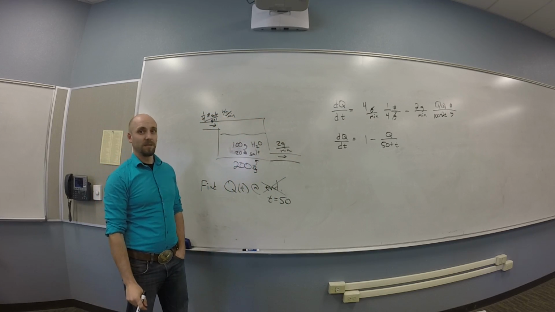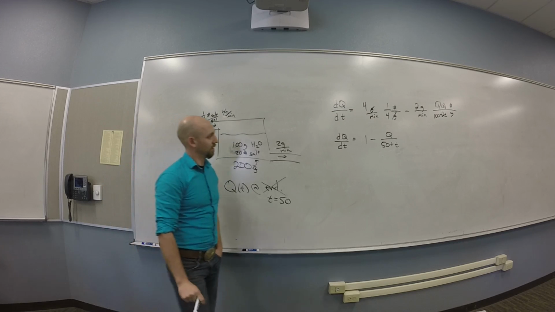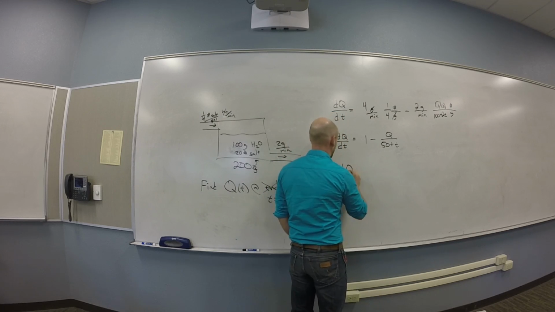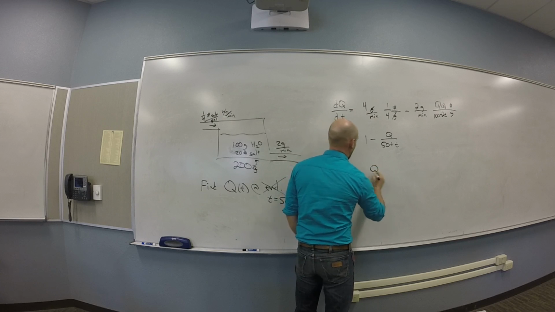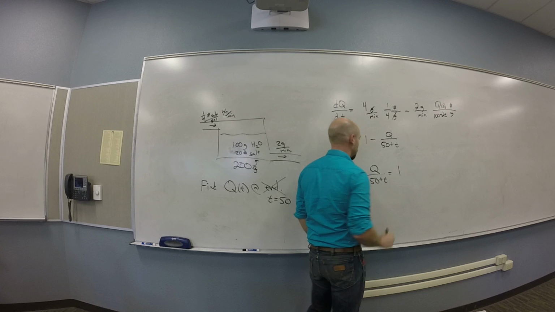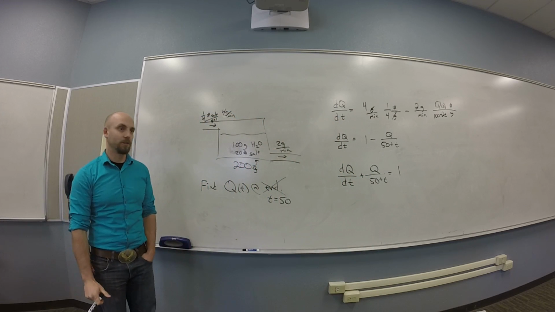How do you solve such a thing? Add Q over 50 plus t to both sides, knocking out the term on the right side, and then solve this normal differential equation. So dQ/dt plus Q over 50 plus t is 1, and then solve per first order linear non-homogeneous.